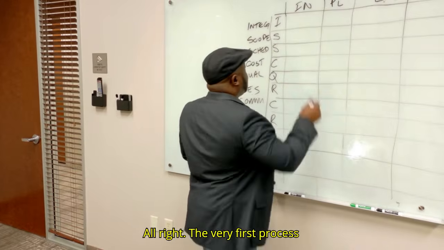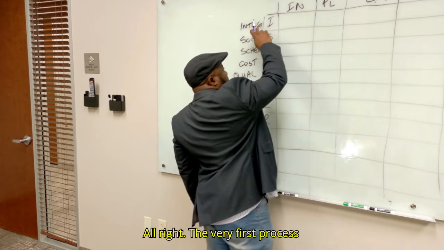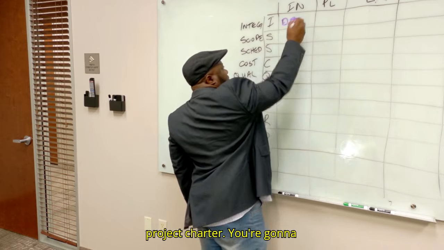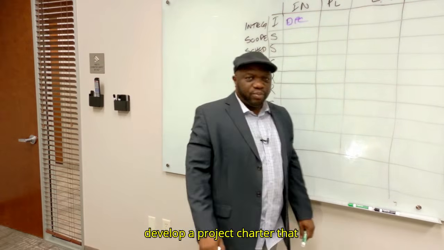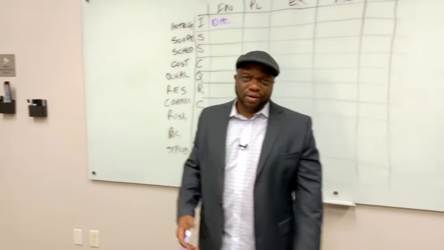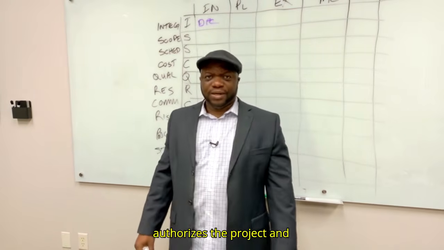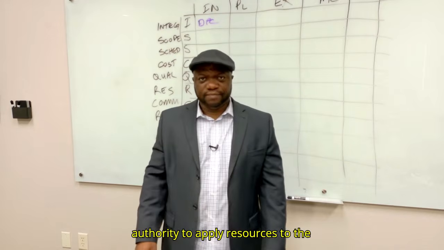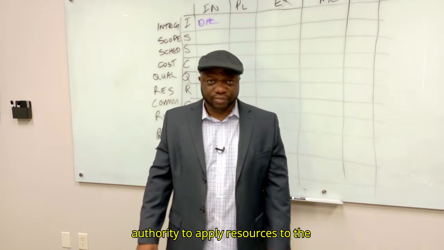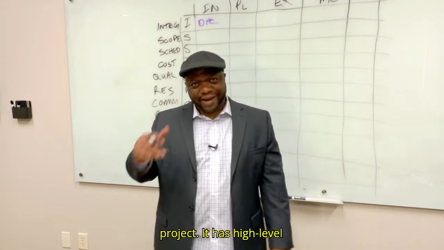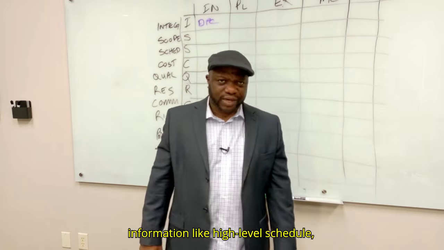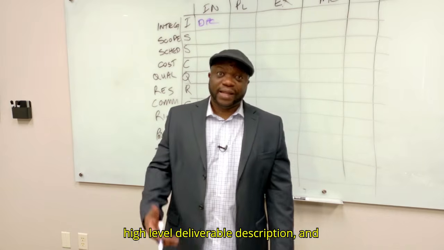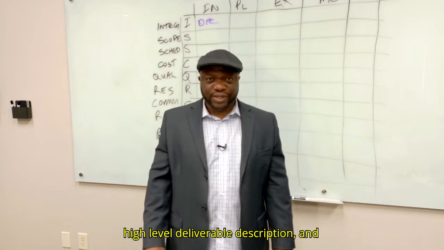All right. The very first process of integration is develop the project charter. You're going to develop a project charter that authorizes the project and gives the project manager the authority to apply resources to the project. It has high-level information like high-level schedule, high-level budget, high-level risk, high-level deliverable description, and things like that.